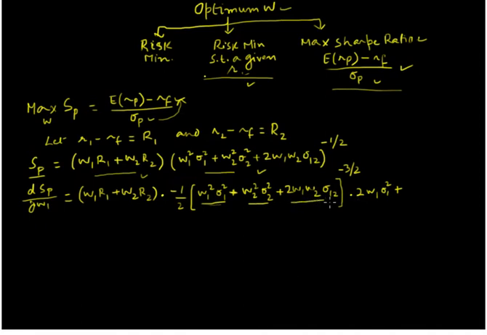From this function we are going to get 2 times W2 times covariance between 1 and 2. So we have done the first part, the first function as it is times the derivative of the second function. Now we need to write a plus sign and write the second function as it is, which is again the portfolio variance. So let me finish writing that.